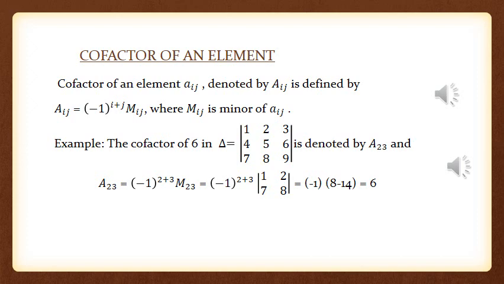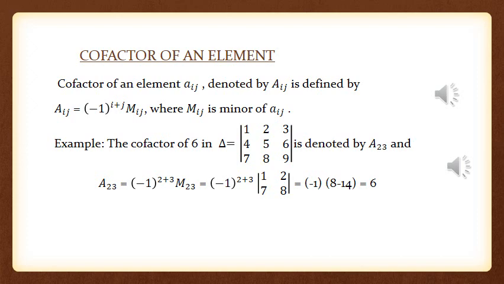Its cofactor is denoted by capital A23. So A23 is equal to negative 1 raised to 2 plus 3 multiplied by its minor M23. M23 is the determinant obtained by deleting the second row and third column where the element a23, which is 6, lies.